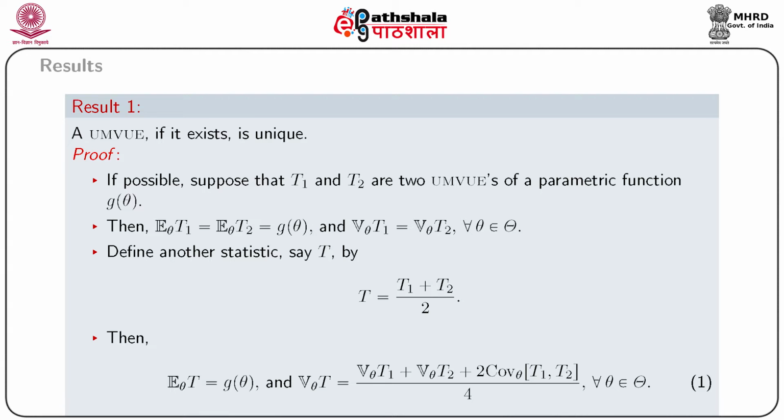Then expectation of T equals half into expectation of T1 plus expectation of T2, which is equal to g(theta) for all theta, and variance of T is equal to 1 by 4 into variance of T1 plus variance of T2 plus 2 covariance T1, T2.